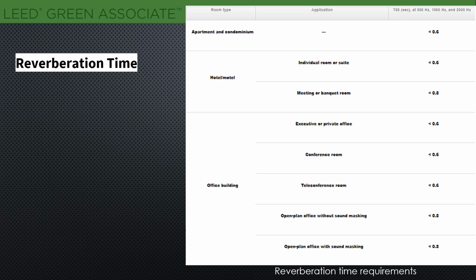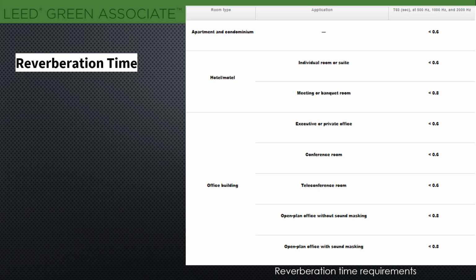Reverberation time. It is another very important factor when it comes to the acoustical property of a room. Reverberation time is the time required for the sound in a room to decay over a specific dynamic range, usually taken to be 60 dB, when a source is suddenly interrupted. As the reflecting surfaces inside the room increase, the reverberation time also increases and it can impact the quality of sound.